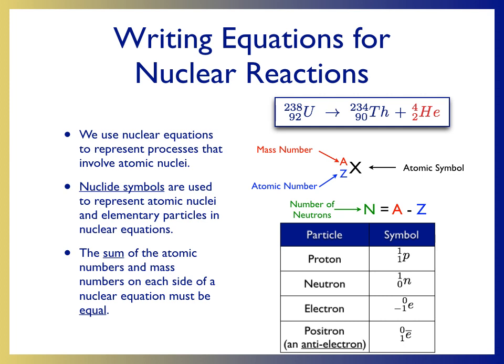If we look at the example on the top, which is the alpha decay of uranium, we see that the mass numbers on the product side, 234 plus 4, add up to 238, which is the mass number for uranium. The same is true for the atomic numbers. 90 plus 2 equals 92, which is the atomic number of uranium.